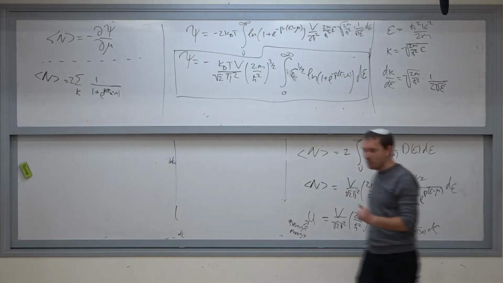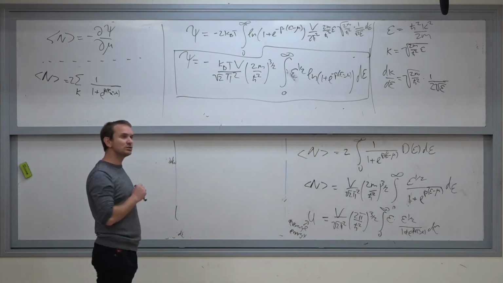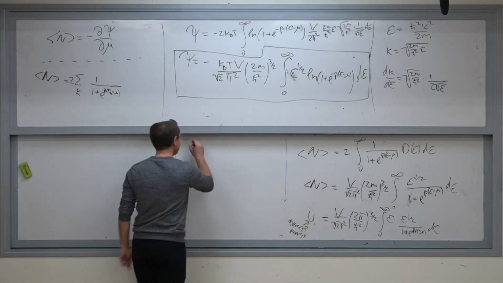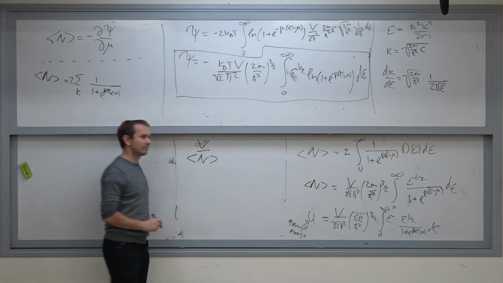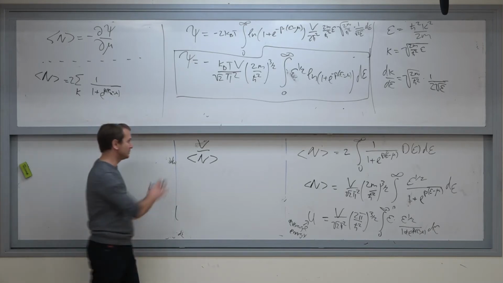So let's see what the Fermi energy is for a real system, when we know what n is, and more importantly, when we know what V divided by n is. Okay, because this is simply the density, right? I'm sorry.